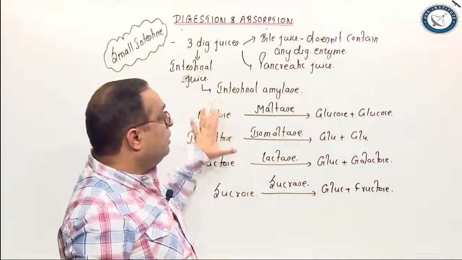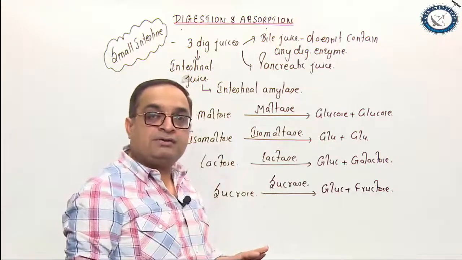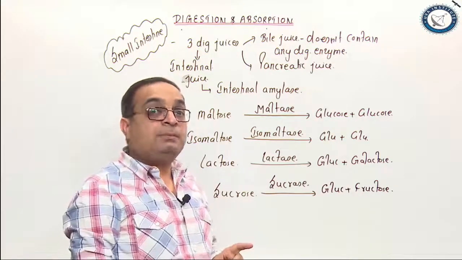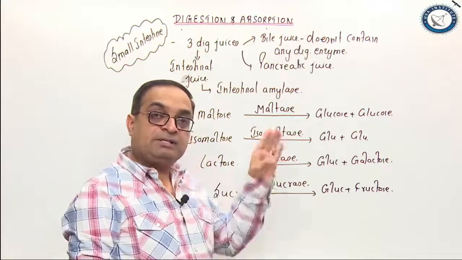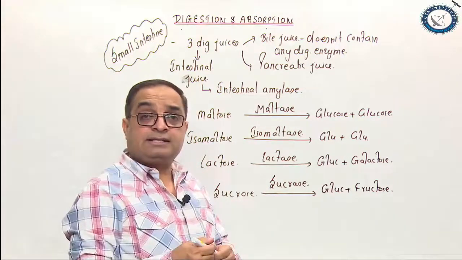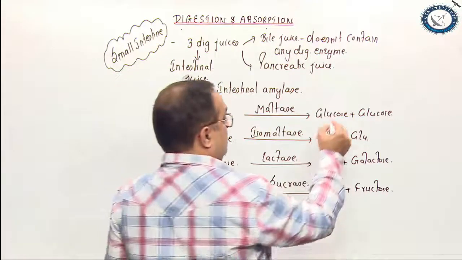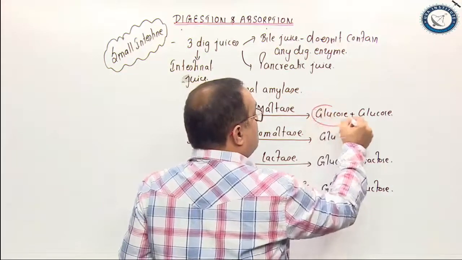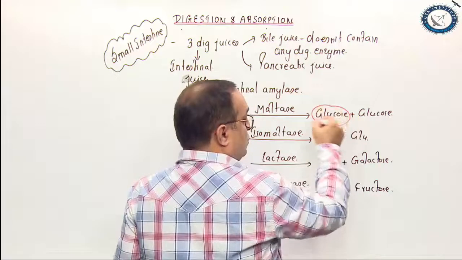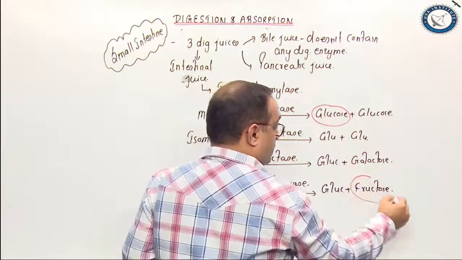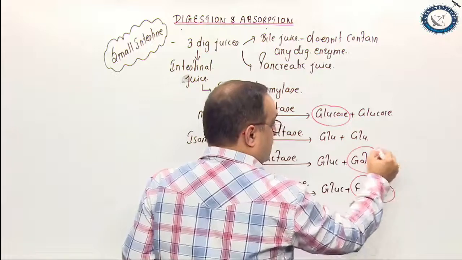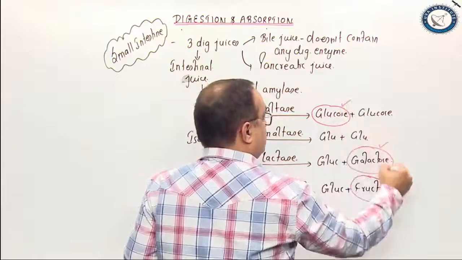So in the small intestine, the digestion of carbohydrates is completed. Carb digestion starts in the buccal cavity but is completed in the small intestine. Now let's see what the end products of carbohydrate digestion are. Whatever carb you eat, finally you get what? Glucose, fructose, galactose, these three.